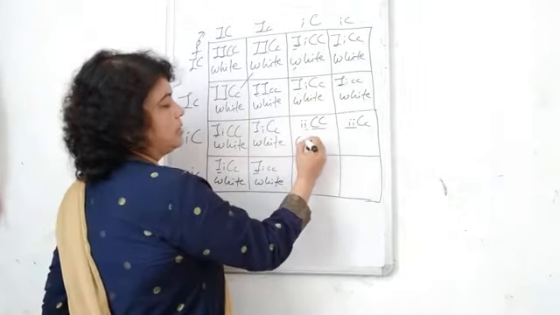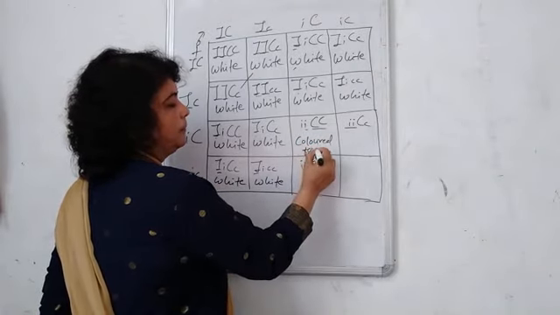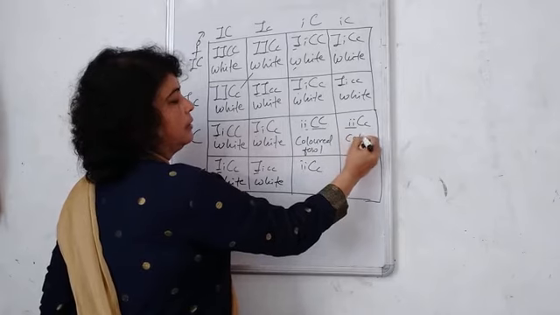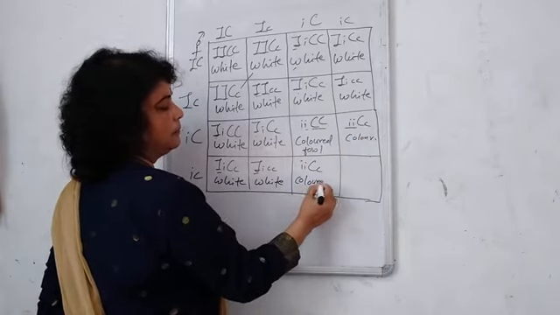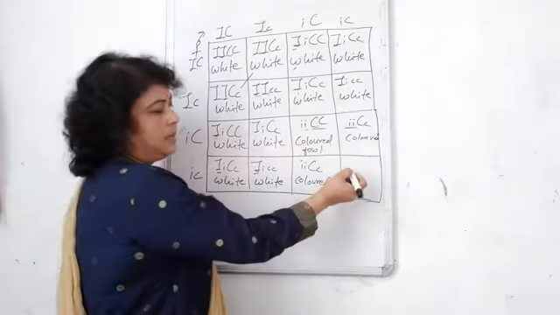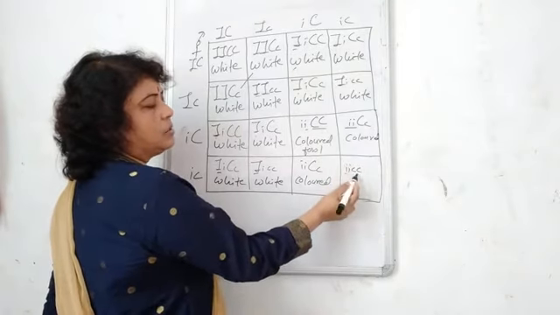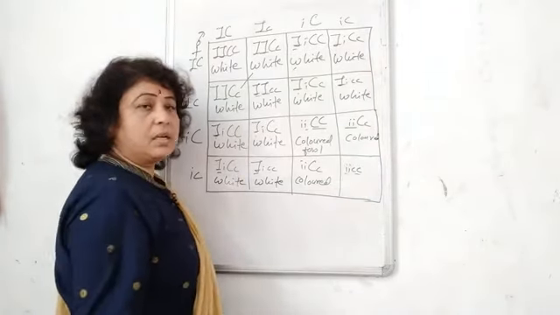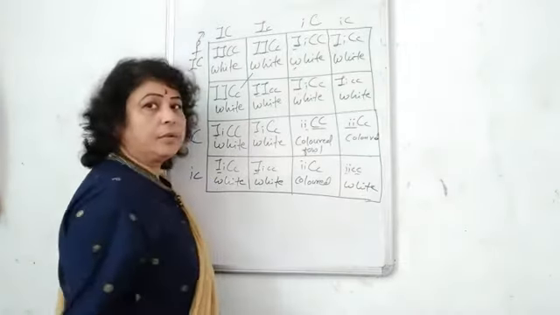So it produces the colored fowl. Here colored, here also colored. Then the last one, small i, small c, small c. There is no I dominant, no C dominant. Therefore, it is again white.